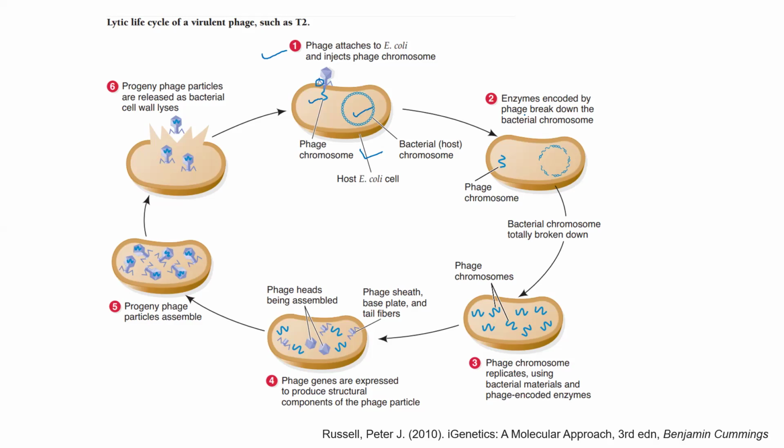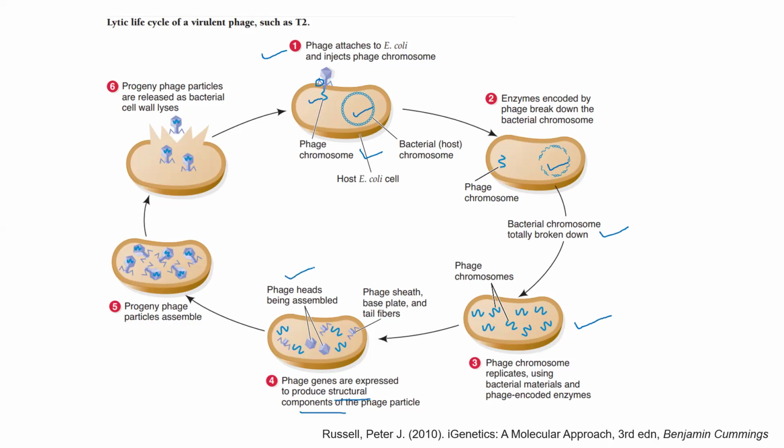Then the enzymes coded by the phage break down the bacterial chromosome. The bacterial chromosome is totally broken down. After that, the phage replicates using the bacterial materials and the phage encoded enzymes, replication of the phage genome in this step. Then the phage late genes are expressed to produce the structural components like head and tail.